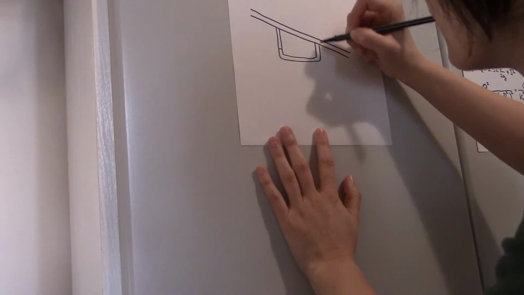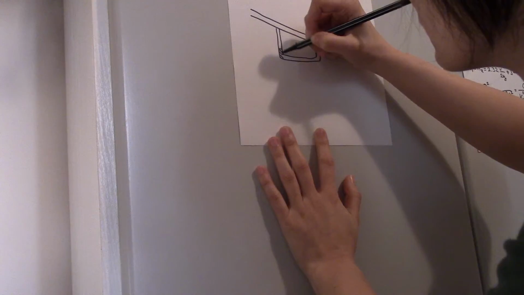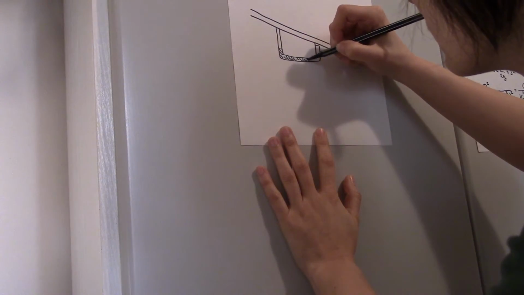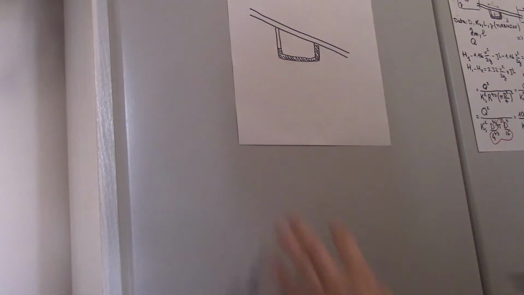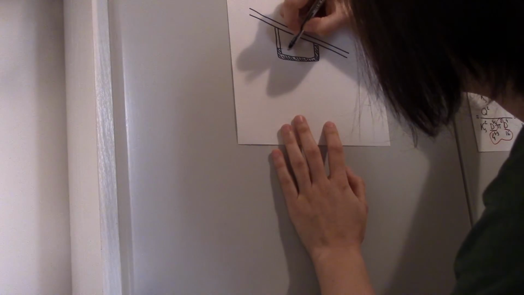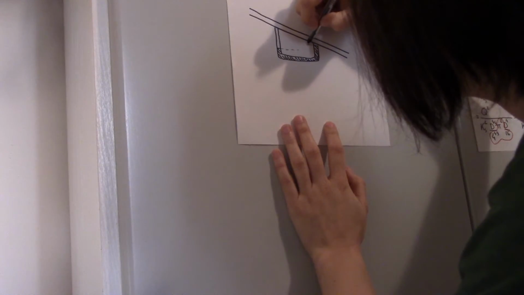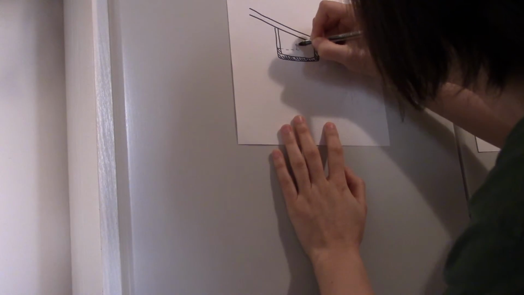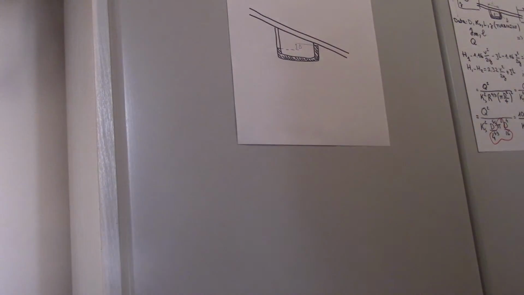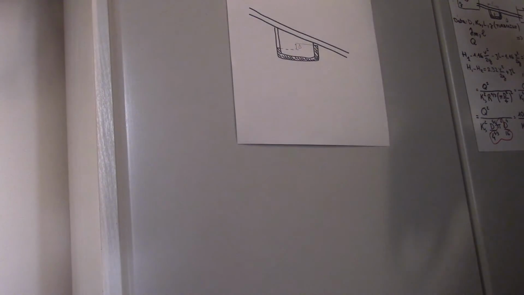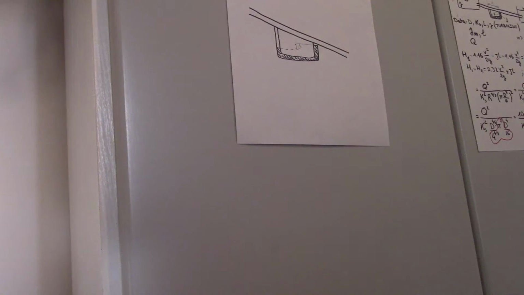So you have points 1 and 2. Right here you have the capital delta, which is the reading of your manometer.